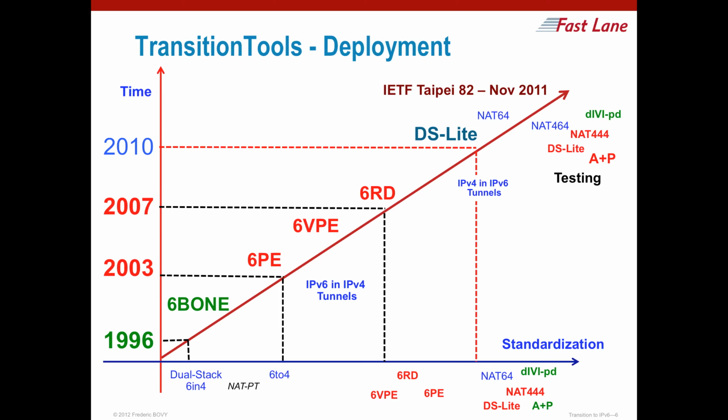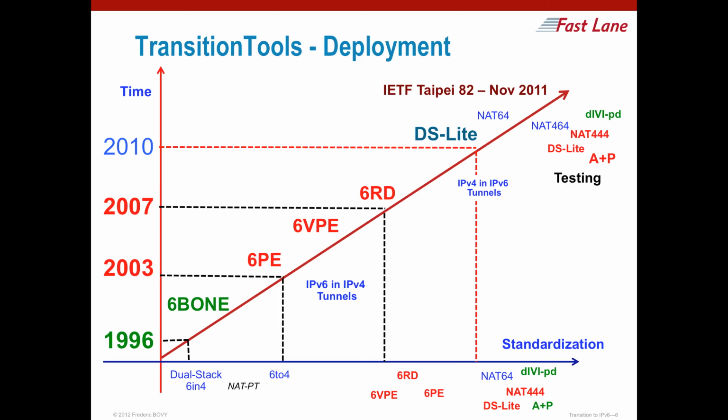And once a service provider has finished this transition and is running a native IPv6 backbone, he may still need to support IPv4 customers. A solution for that is to run DS-Lite. With DS-Lite, we will see that we can support IPv4 customers, and we support these customers as a service provider running an IPv6 backbone. And also a solution is needed for the customers who have migrated to IPv6 completely and still need to access IPv4 content.